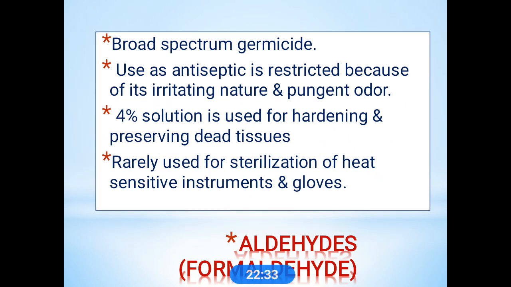Among the aldehydes, formaldehyde shows broad spectrum germicidal activity. Its use as an antiseptic is restricted because of its irritating and pungent odor. A 4% solution is used for hardening and preserving dead tissues, and it is rarely used for sterilization of heat-sensitive instruments and gloves.